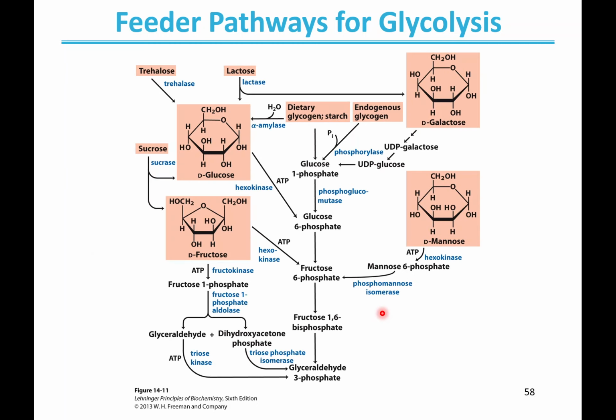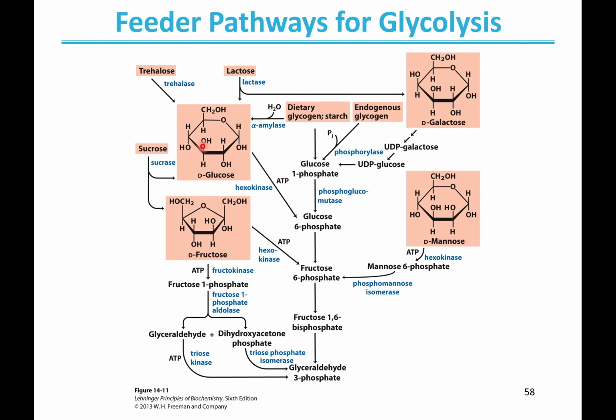You don't need to know these. In this class, we're not going to be testing on this, in that the feeder pathways are shown here. So some different sugars you can have: sucrose, where an enzyme called sucrase hydrolyzes it into one molecule of glucose and one molecule of fructose.